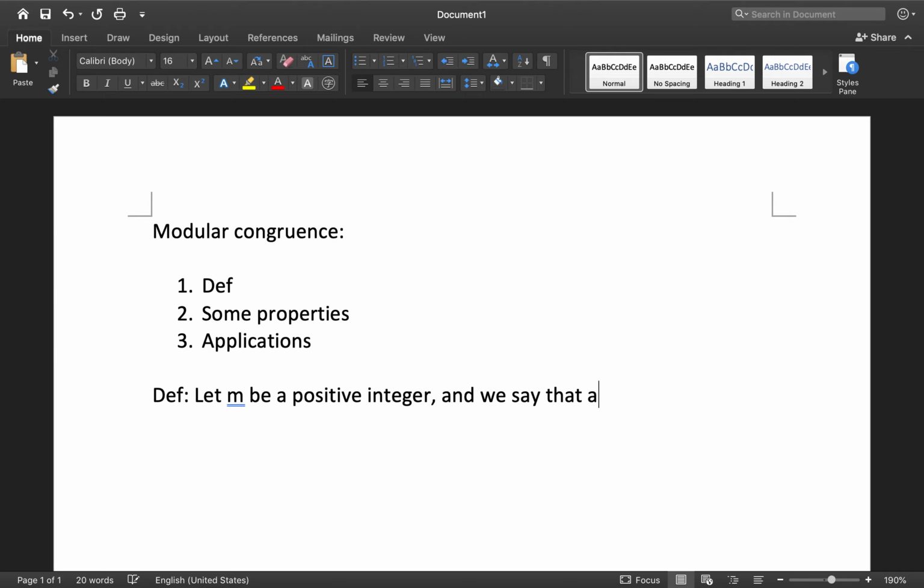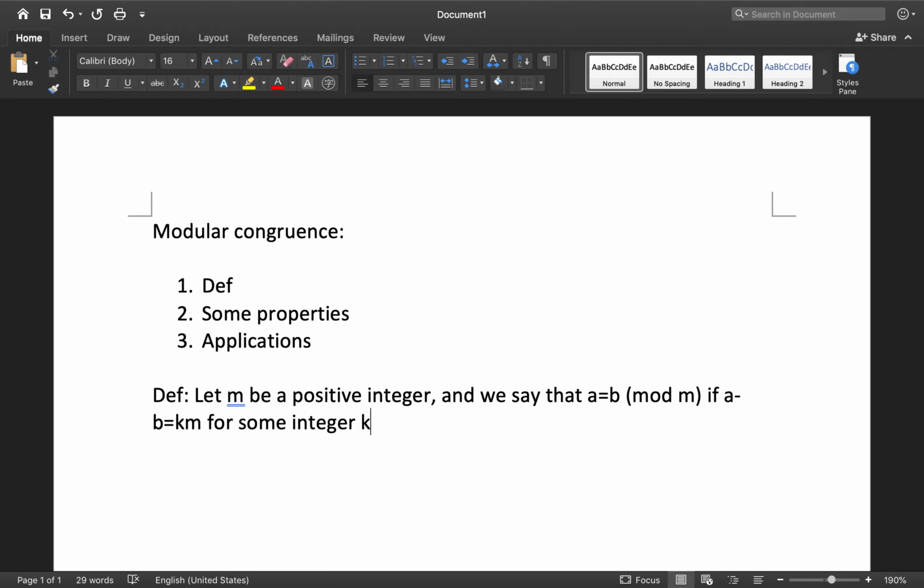We say a is congruent to b modulo m if the difference is in fact divisible by m. So that means a minus b is equal to k times m for some integer k.